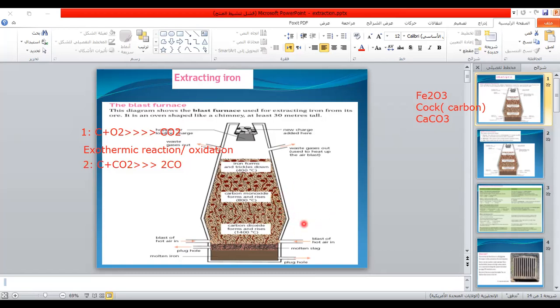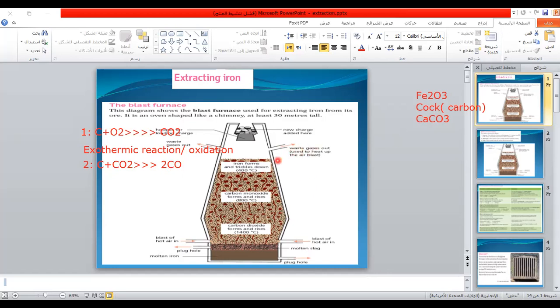In the middle of the blast furnace, we have carbon monoxide, but at the bottom of the blast furnace, there is carbon dioxide. So the second equation is carbon with carbon dioxide forming 2CO.